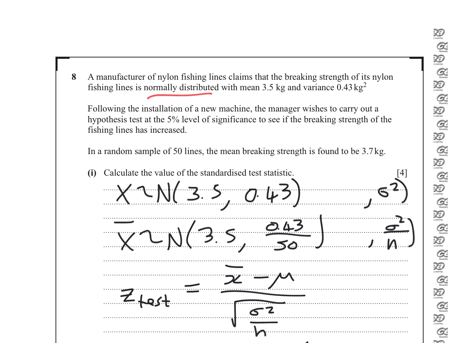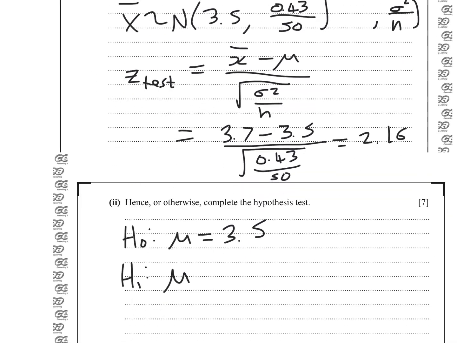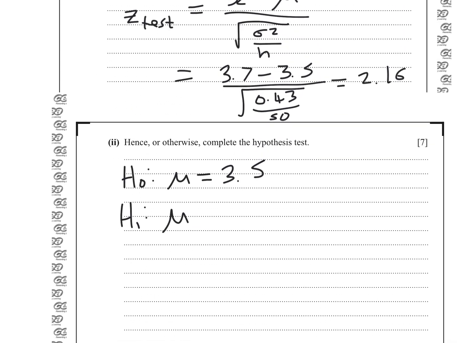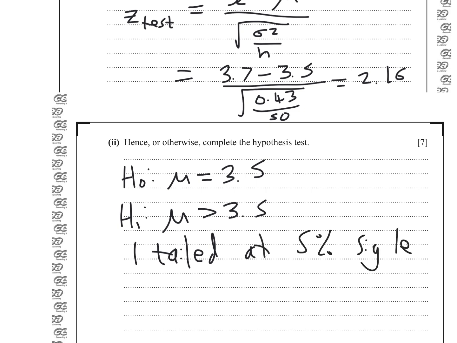The manager wishes to carry out a hypothesis test to see if the breaking strength of the fishing lines has increased. So that's a one-tail test because he's only looking at, he thinks that mu has increased, so greater than 3.5. So that's a one-tail test at the 5% significance level.